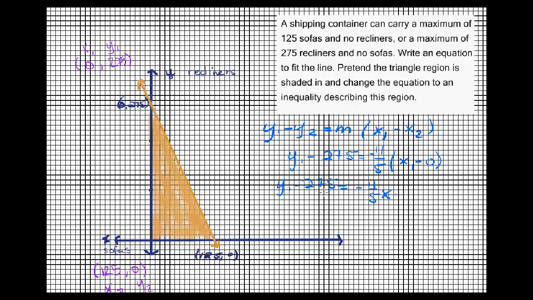All right, so now we're going to add 275 to both sides to get rid of the 275 over here, because remember, we're trying to isolate y, get it on the left-hand side. To isolate y, we're going to get y equals, and we're going to add 275 to both sides to get rid of the 275 from over here.